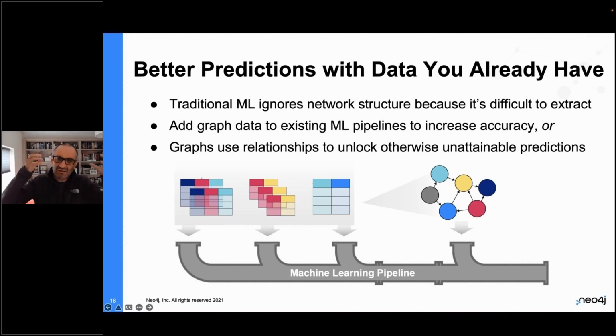You get to extract more features out of that data to build better predictive models. So why not, out of your graph, add PageRank, add centrality scores, even encode the topology using node embeddings that we saw previously, and add that into your machine learning pipeline. And you can use those features to increase accuracy.